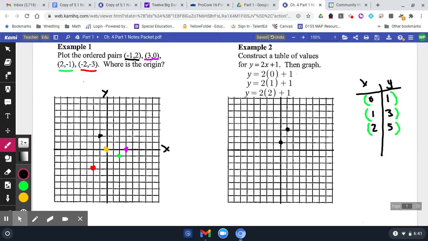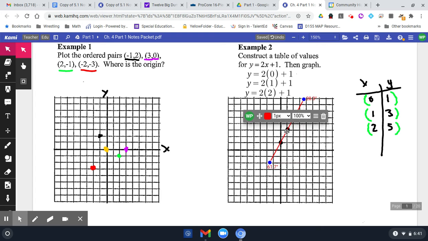And I'm going over 2 up 5. And there we go. Whoa, that was not right, but I can move it. There we go. So that's example 2.